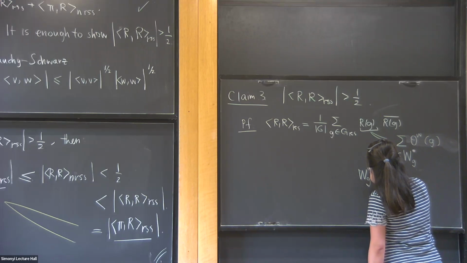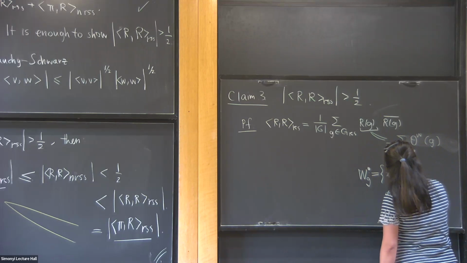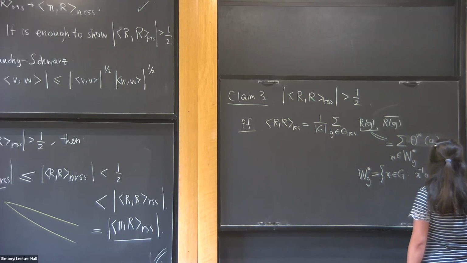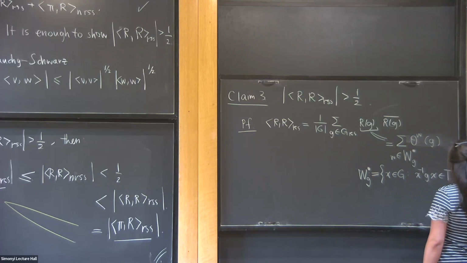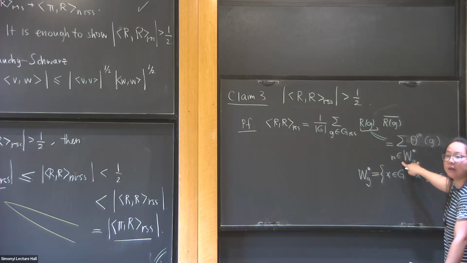This is the definition: the set of all elements inside G such that conjugating G lands you into T circle. Remember, T circle is always the one associated to theta, whichever one that is. So if theta came from T, then this set is going to be empty if G was actually conjugating into T prime, and vice versa.